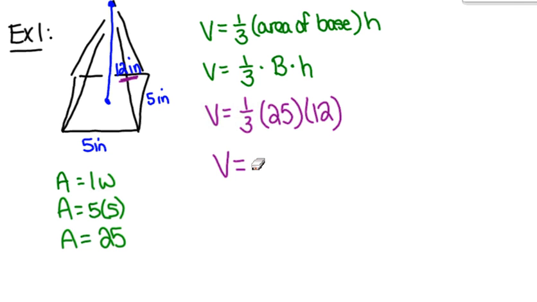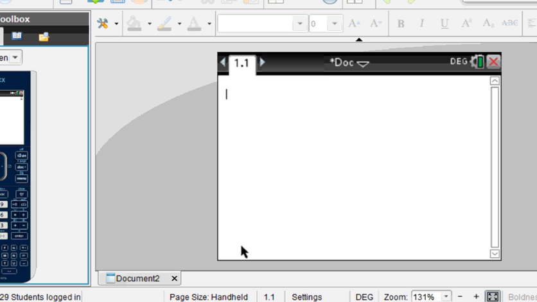I'm going to go ahead now and get my calculator out, and you should too. And in my calculator, I'm going to multiply the 1/3 times the 25 times the 12.